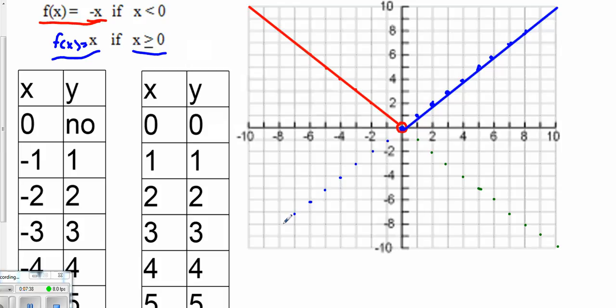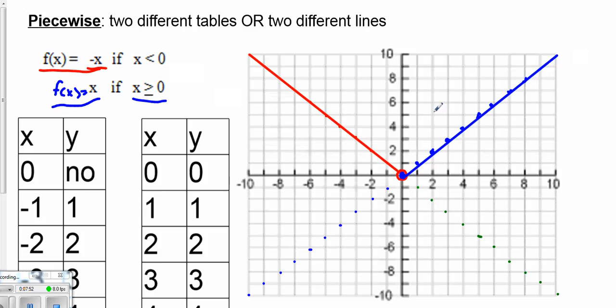We don't fill in these points, we don't call this a part of our line because we only want this blue line on the spots where x is greater than or equal to 0. So this spot is filled in and it continues on this way. So even though there's two different colors here, there's technically two different lines being graphed, we consider them one continuous graph, one continuous line. And these hit all of our x values then.